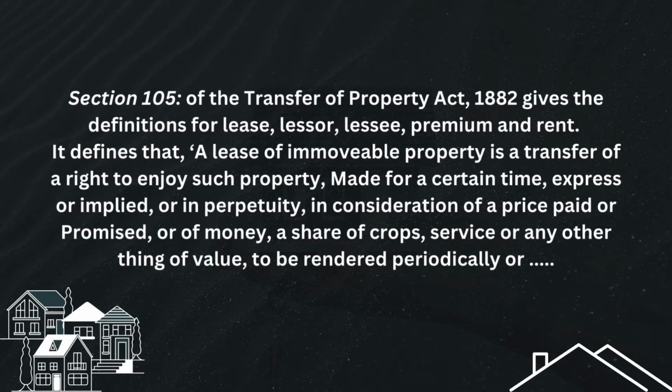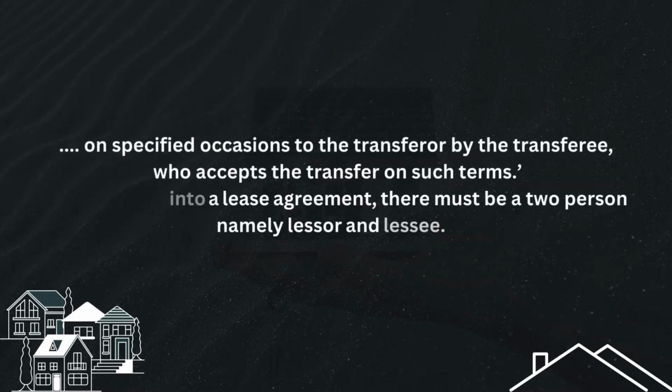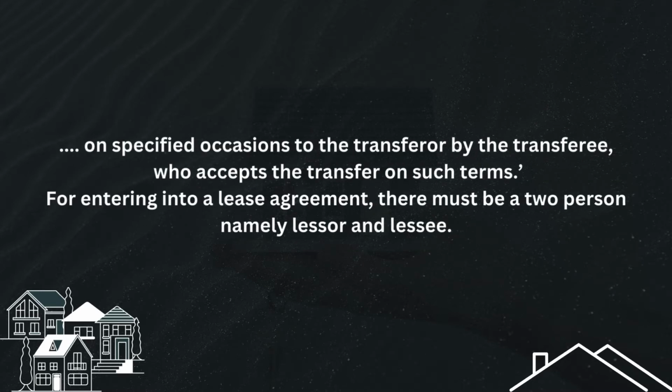It defines that a lease of immovable property is a transfer of a right to enjoy such property made for a certain time, express or implied, or in perpetuity, in consideration of a price paid or promised, or of money, a share of crops, service or any other thing of value to be rendered periodically or on a specified occasion to the transferor by the transferee, who accepts the transfer on such terms.